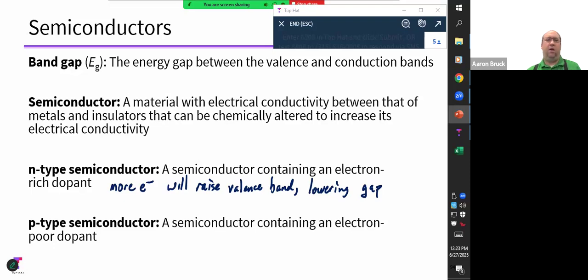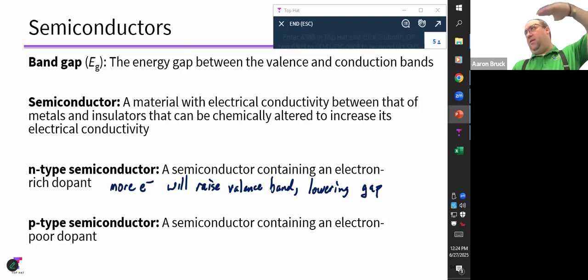Why does that matter? Well, more electrons being present is going to raise the valence band. Since the valence band is being raised, the band gap gets lower, and we have a greater mobility of electrons.